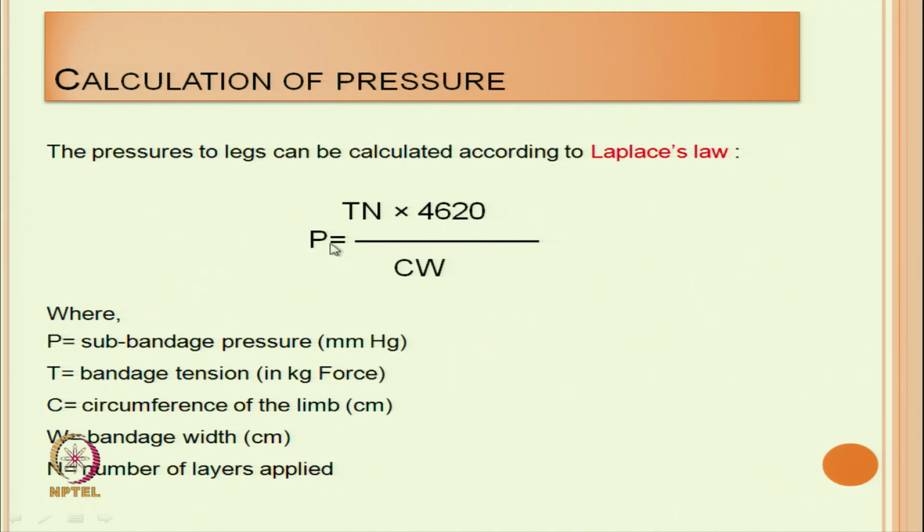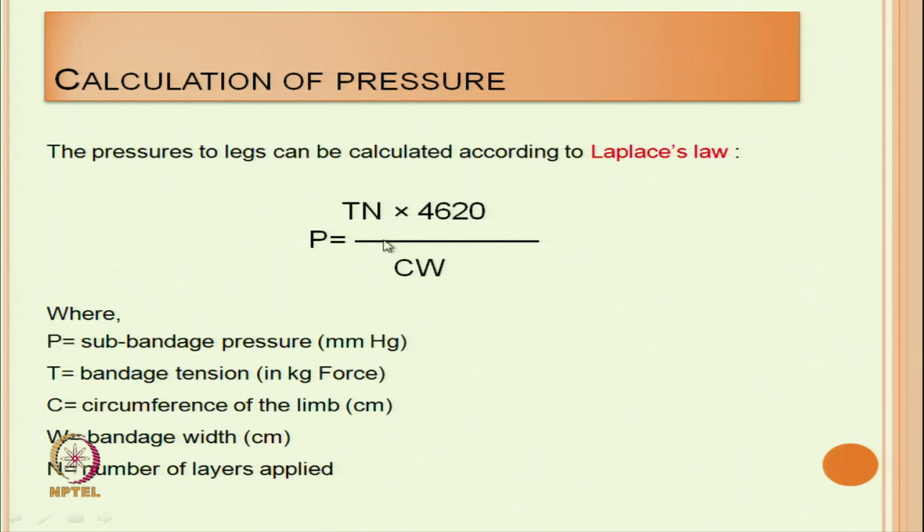P is directly proportional to the tension applied during the bandaging. As the tension increases, the compression pressure will also increase. As the number of wraps increases, the pressure will increase proportionately, as we have discussed, and 4620 is the constant parameter. This is nothing but the constant for unit conversion.